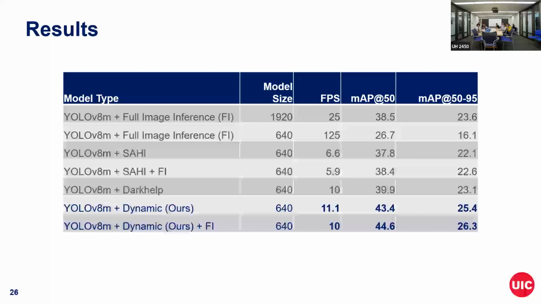For the last column, we average over higher IoUs. For example, at 95, you have to overlap at least 95% in order for it to be counted as a correct prediction. So this is mAP 50 to 95. Of course, it has a lower score compared to 50, but the industry mainly uses 50. I included it here anyway.